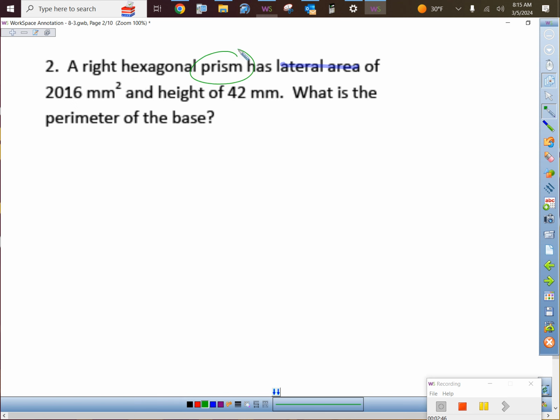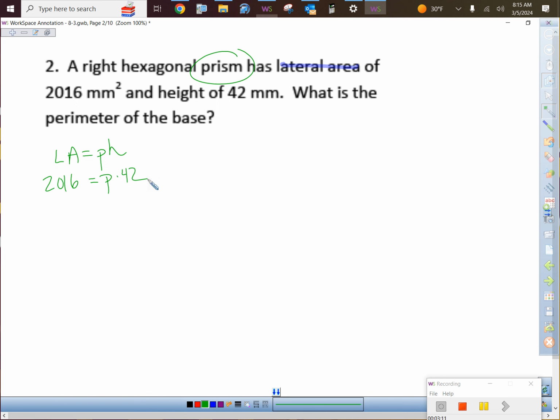So find the formula from your yellow card. Lateral area equals perimeter of the base times height. You should know 2 of those 3 ingredients: there's a lateral area, a P, and an H. So don't we know the lateral area is 2016? We don't know the perimeter of the base, but the height is 42, correct?